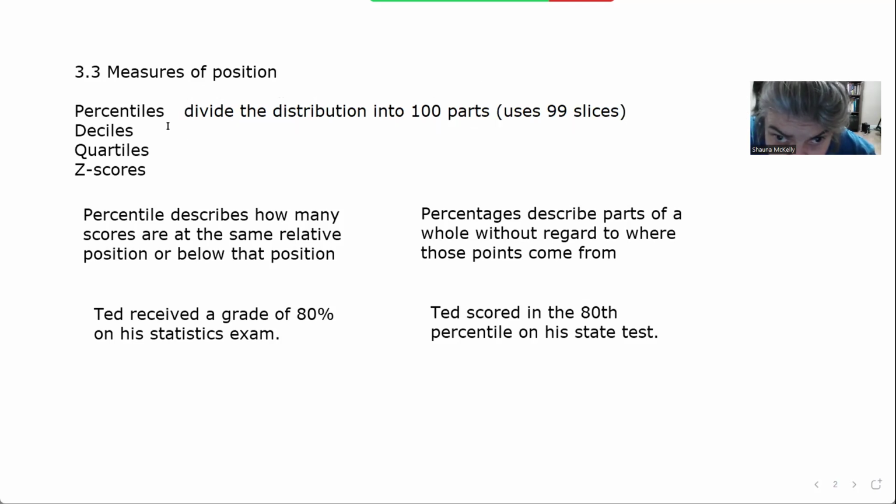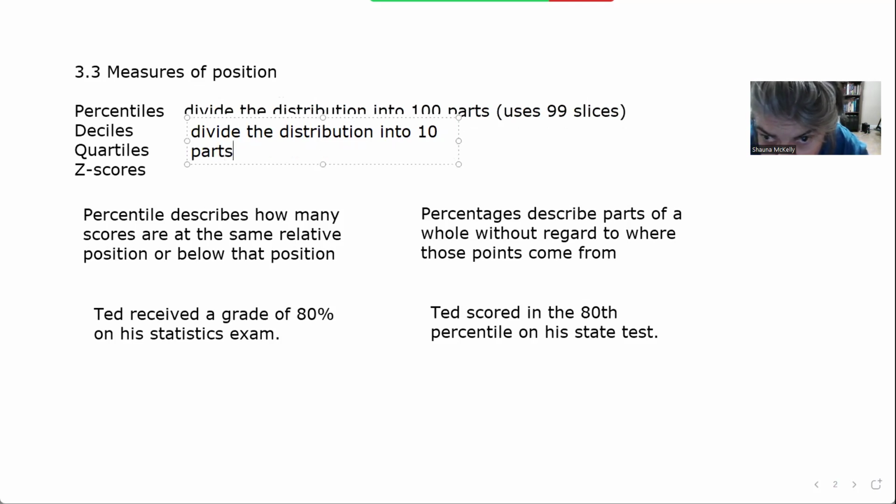Deciles, think of decimal numbers. Deciles divide the distribution into 10 parts. Uses 9 slices.